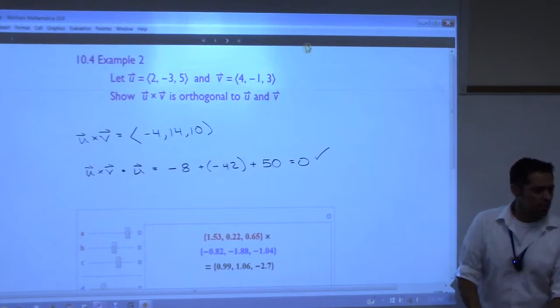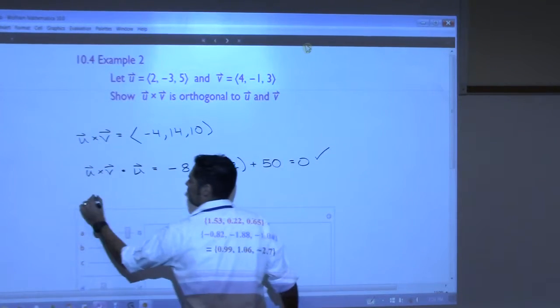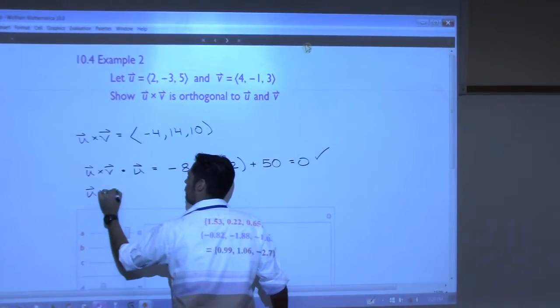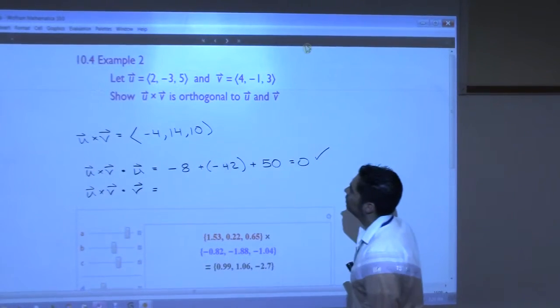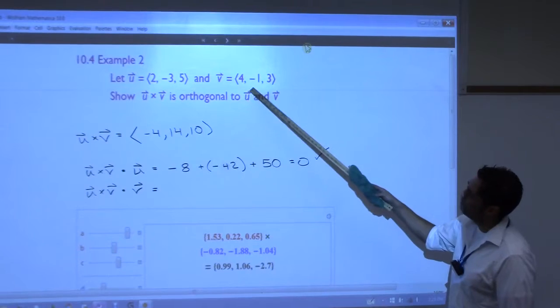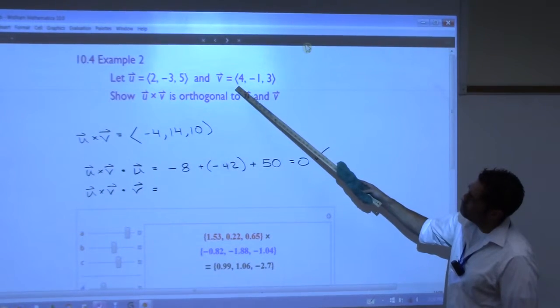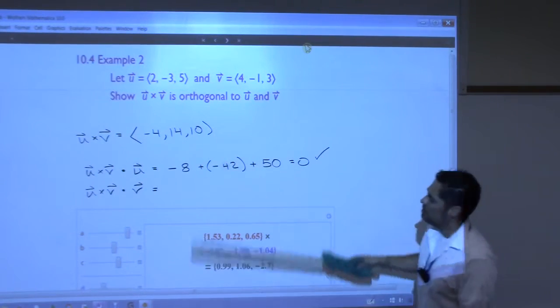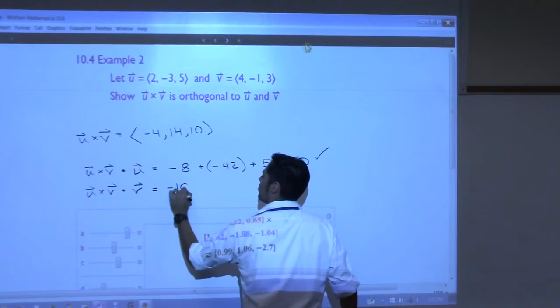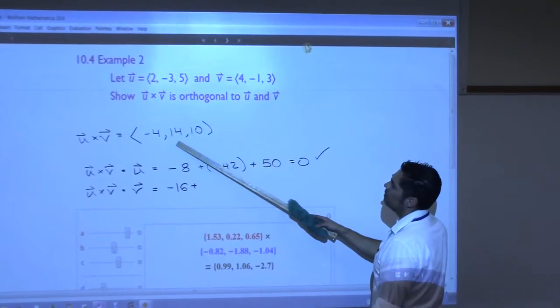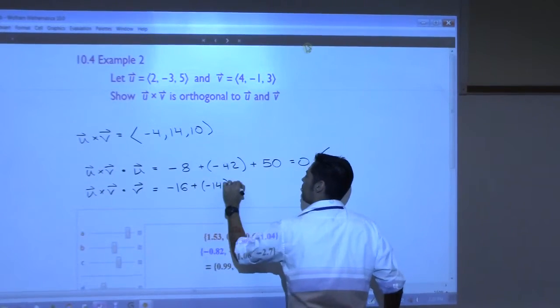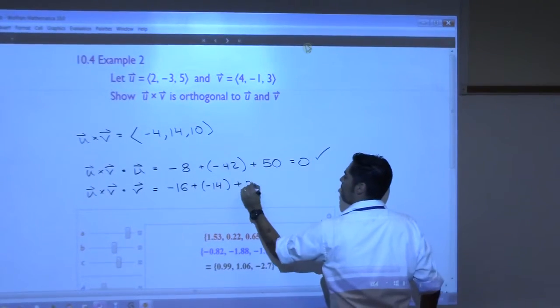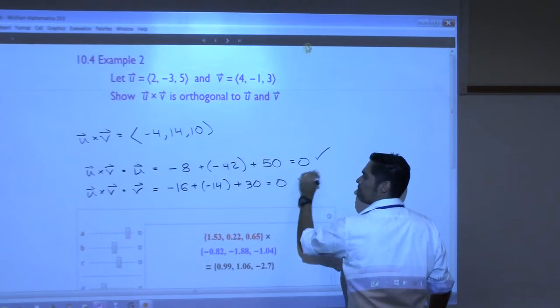Now just show it's orthogonal to v also. So show that u cross v dotted with v is 0. So do this with this one. What do we have? Negative 16 plus negative 14 plus 30, which is 0.